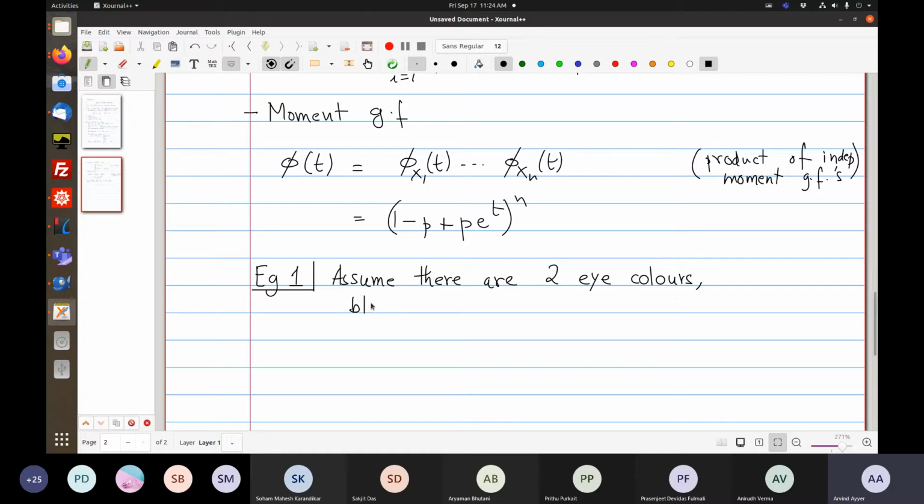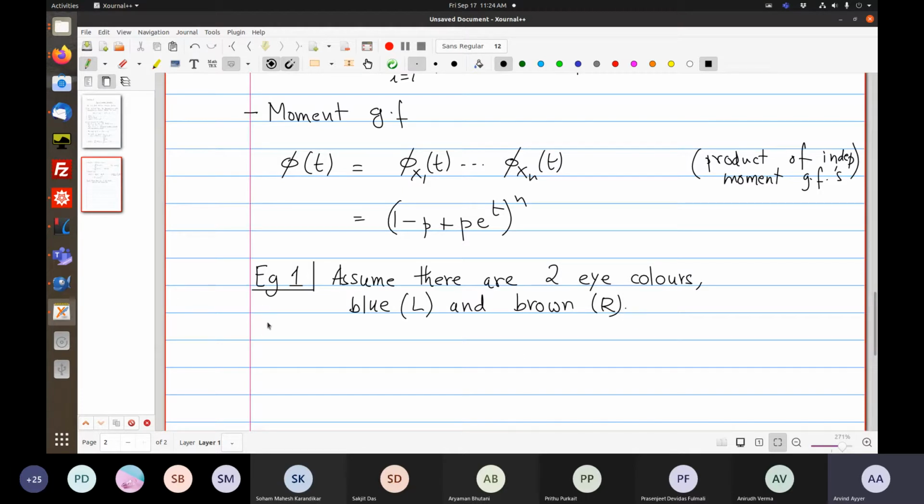So blue, which could be in other countries, I'll denote by L, and brown, which I will denote by R. The first letter is common, so you can think that I am using the second letter, or you can think of this as left, right, it doesn't matter.